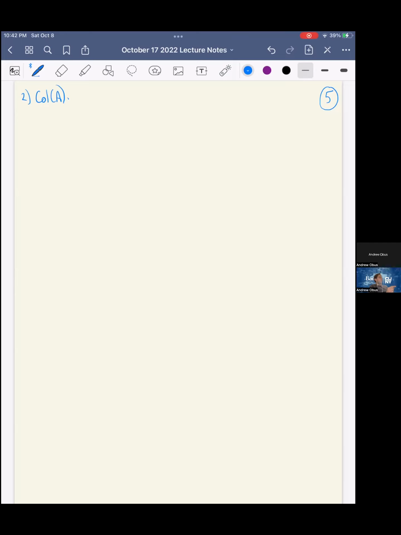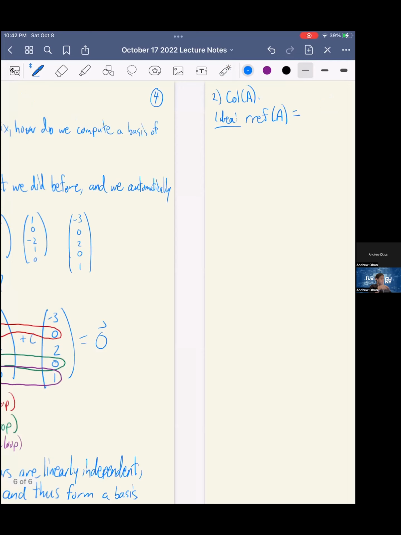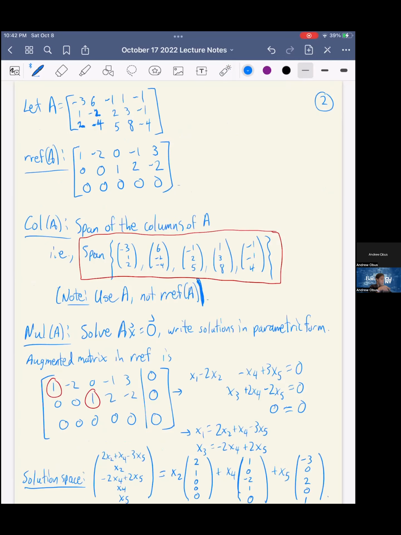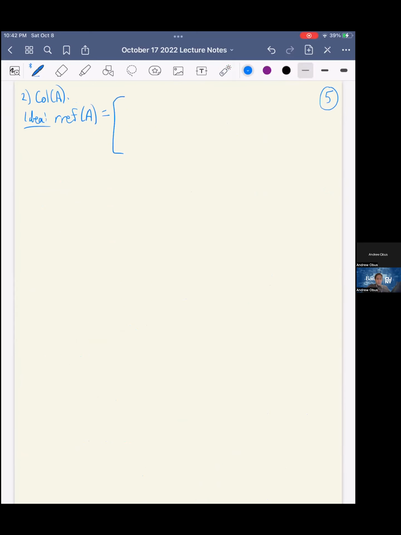Okay. Well, first, let's look at an idea. I want to recall what the row-reduced echelon form of A is. It's given by this matrix over here. I'm just going to copy it down onto this other page. The row-reduced echelon form of A is equal to the matrix with rows (1, -2, 0, -1, 3), (0, 0, 1, 2, -2), and (0, 0, 0, 0, 0).